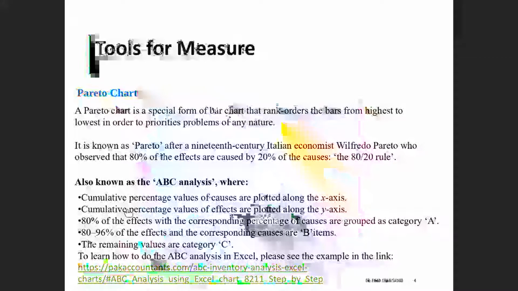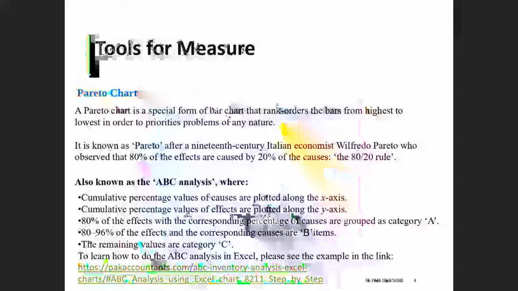The x-axis in all Pareto charts represents the causes. The y-axis represents the effects and also the number of counts. The number of counts for those, let's say, students who complain about the instructor is on the y-axis, and also the y-axis, as we will see in the example, represents the percentage of the effect, the cumulative one.